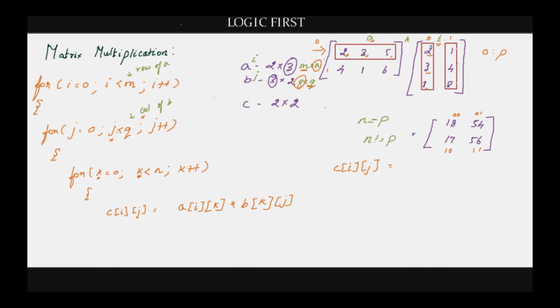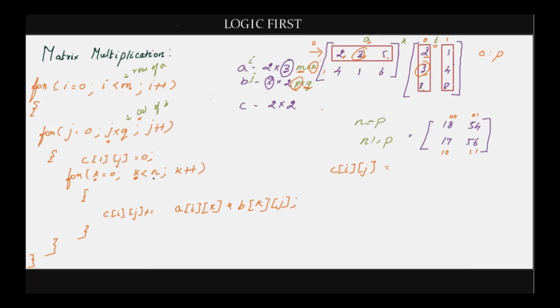We have to accumulate the product. While calculating the second product, we have to add it to the previous result. We can use the shorthand operator here, but you have to make sure that C of ij is initialized every time. We have to initialize it here. Here instead of n, you can also use p because n is equal to p.